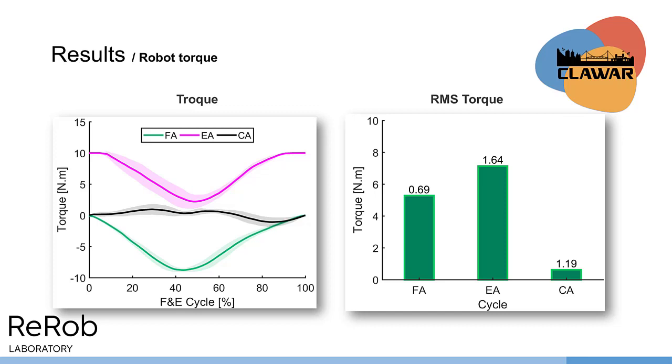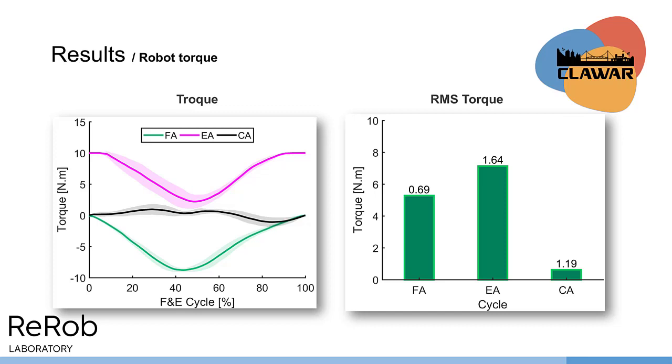However, as the subject initiated extension, the exoskeleton gradually increased the applied torque to help restore the knee to a more extended position. Once maximum extension was reached and the flexion phase began, the exoskeleton reduced the applied torque until it almost reached 0 at the end of the cycle.